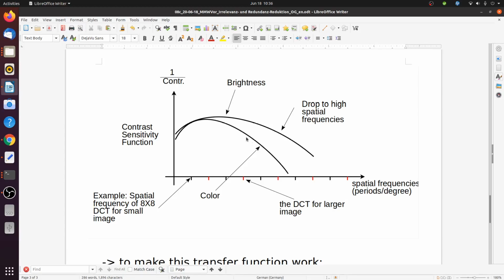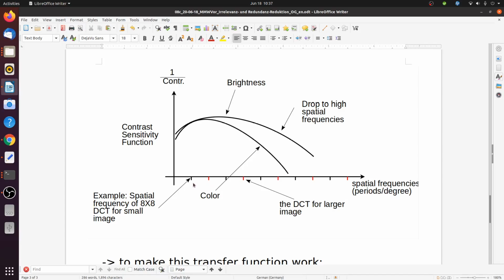We can see there's a difference between brightness and color. So here the luminance, the chrominance, and you can see they have different peaks, and this is because of the different number of the light sensitive cones and rods in the eye.